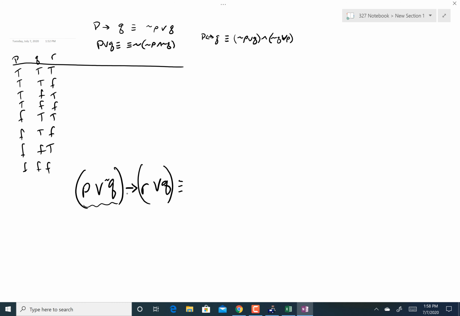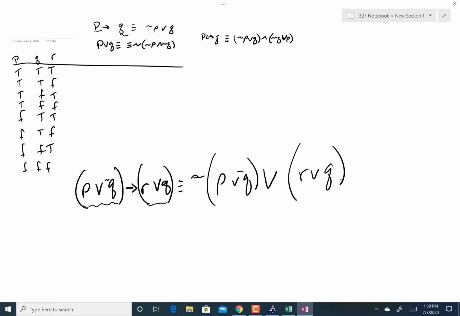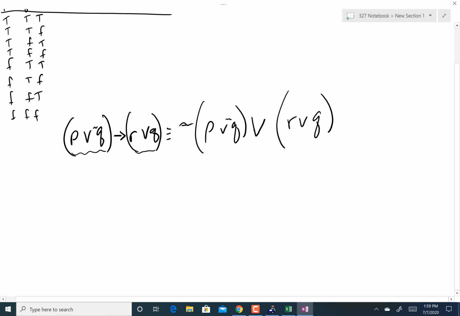Okay, so if you write like this, that is our P, this is our Q, and it's logically equivalent to not P or not Q, which is this guy. Interesting. So let's think about what that would be.